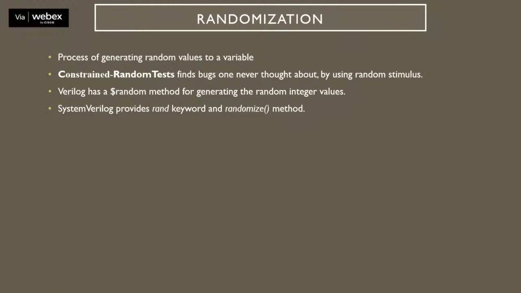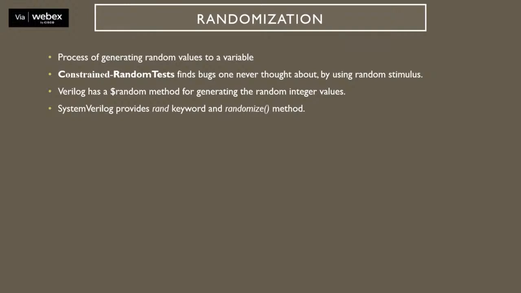Usually testing is done casually as directed testing, wherein you will be aware of the results that you are going to get. That means it will find the bugs in directed testing which can be predicted or are known. So that is directed testing.